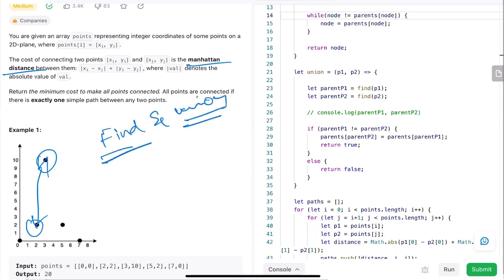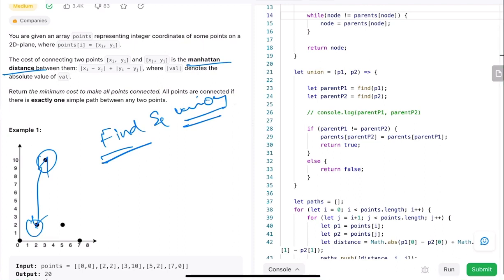Find and union is used to construct a graph, and it is one of the best if you want to avoid duplicate connections. Of course, you can keep connecting if there is no issue with duplicate connections, but if you don't want any duplicate connection and want to do it efficiently, then the find and union data structure is the best one to use.